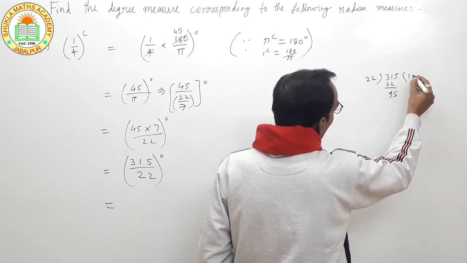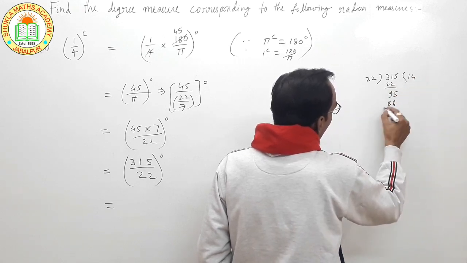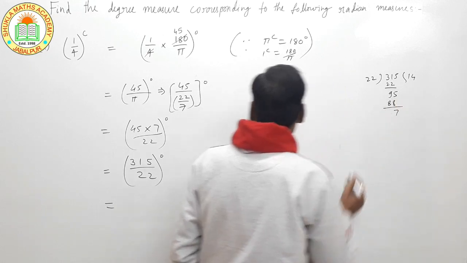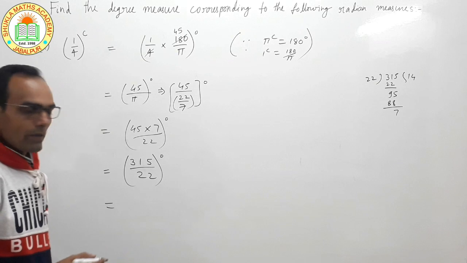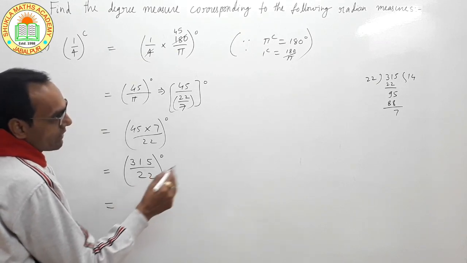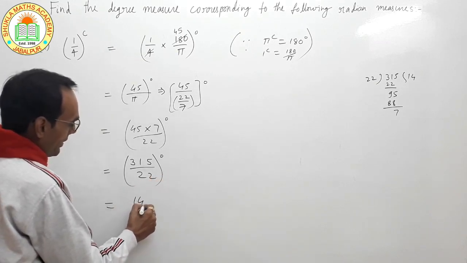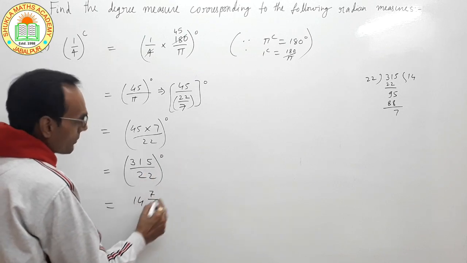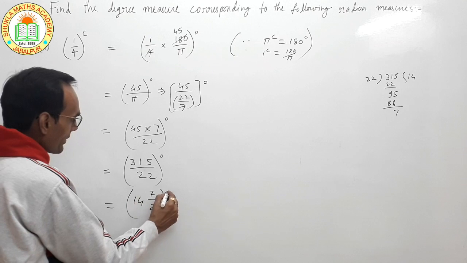So 22 fours are 88, right? And 15 minus 8, that is 7. So we can write 315 by 22 from improper form to mixed form as the quotient 14 and remainder over divisor 22 in degree.